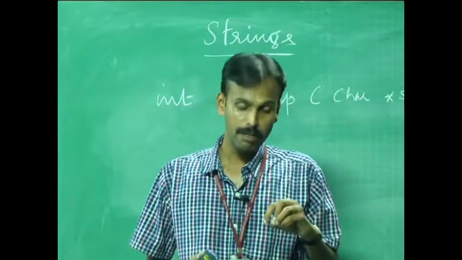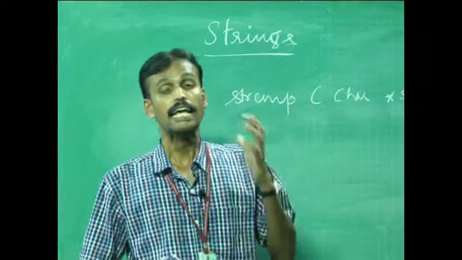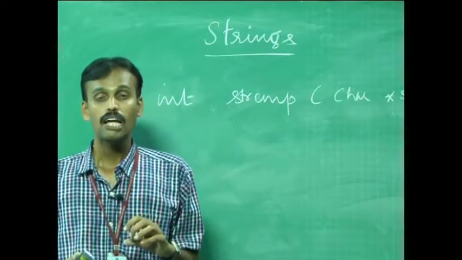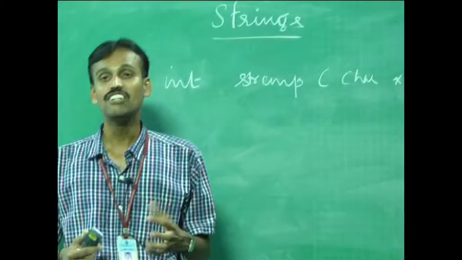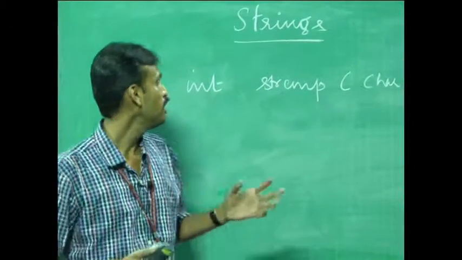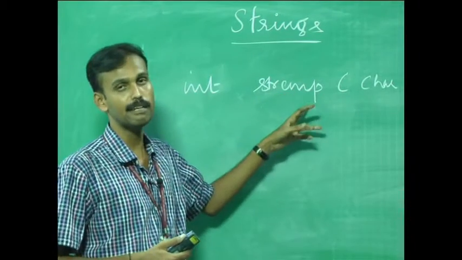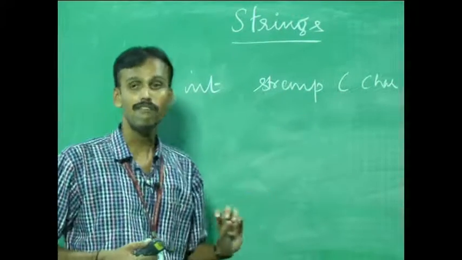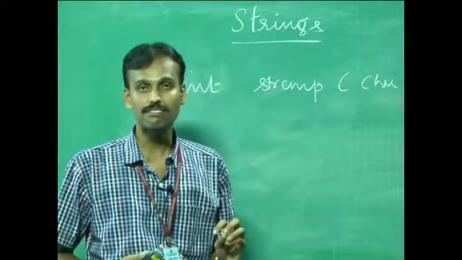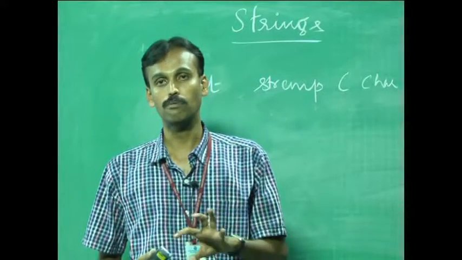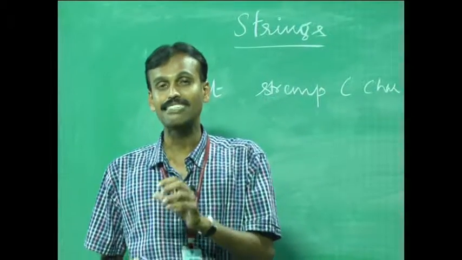Suddenly a question may arise: is it possible to compare just n characters within strings? Yes, it is possible. Instead of int strcmp, you can use strncmp, which compares the first n characters of two different strings s1 and s2, supplied as parameters along with the size n.